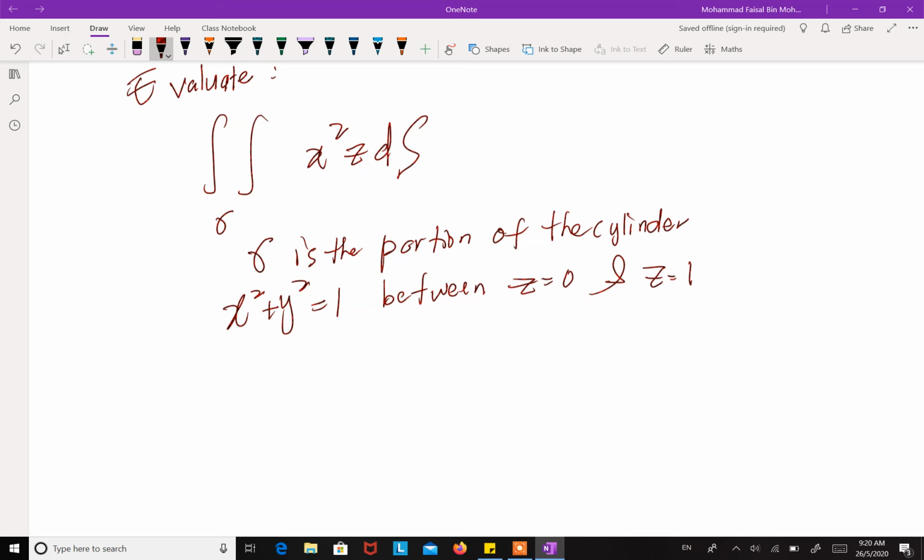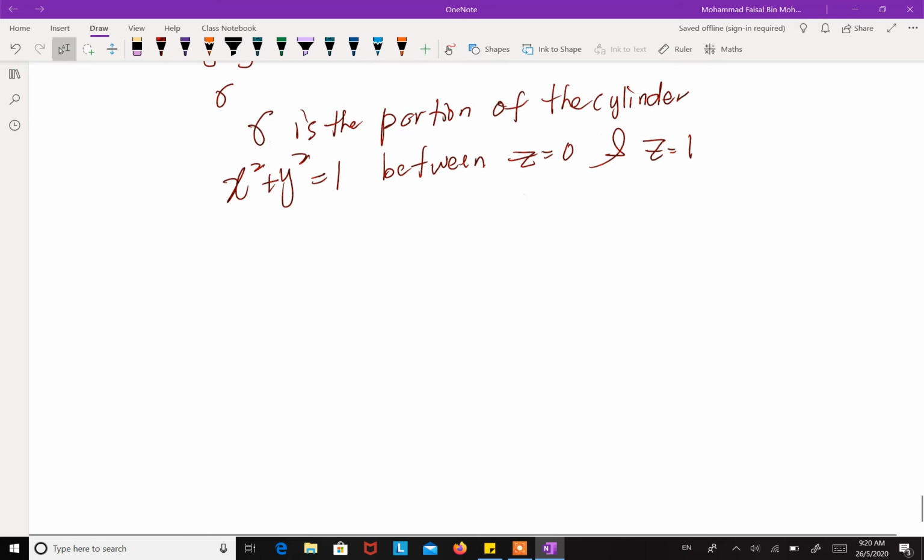So first things first, you have to sketch to see where the surface is. This is nothing but a cylinder. It is a circle, and it is lifted up along the z axis because z is missing.